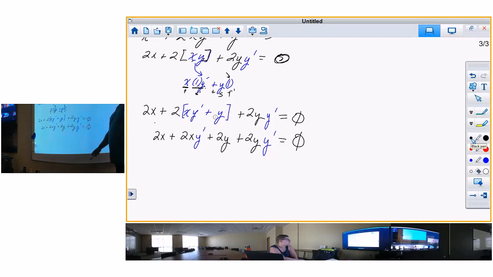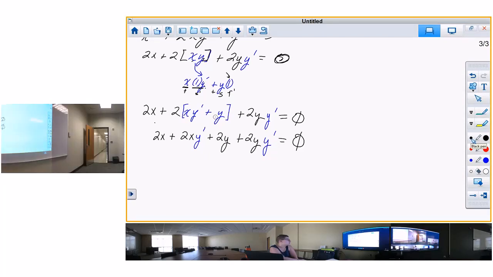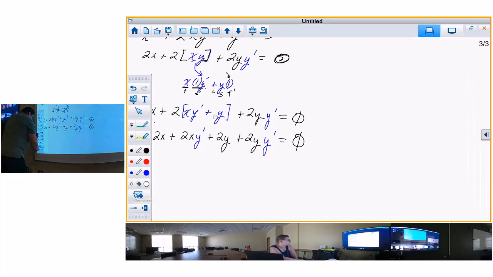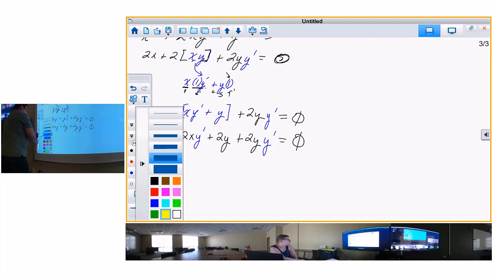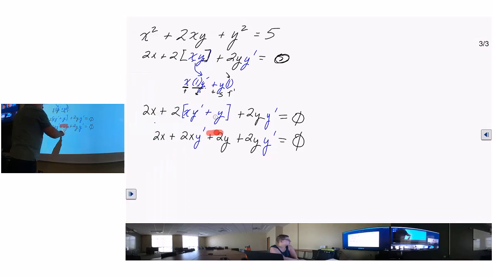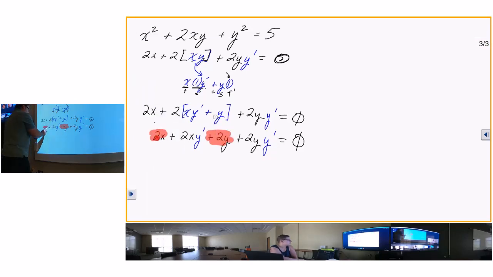All right. So I'm going to take this guy. In fact, I'm going to take my red highlighter. You can hardly ever see me. I'm going to take this guy and this guy and move them over. Why? Because they don't have a y prime in them. So I'm going to take them across the river.